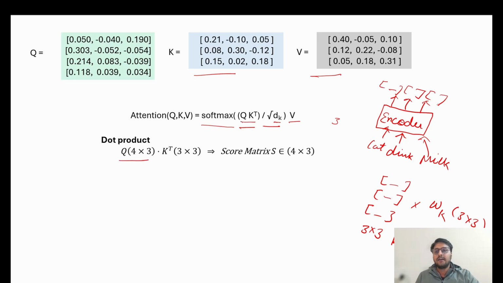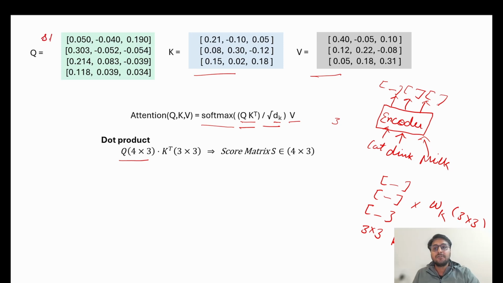I already told you what a query is. Query is basically what we want to search. In this query, each row represents each token of the decoder.